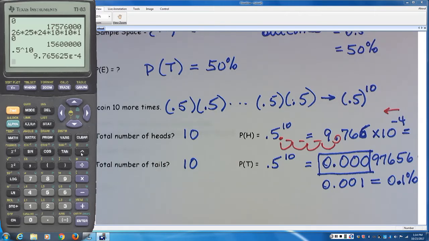What about 7 and 3? Yeah, it's starting to be a little iffy. Okay? So, 8 and 2, you'd be like, let me see that coin.